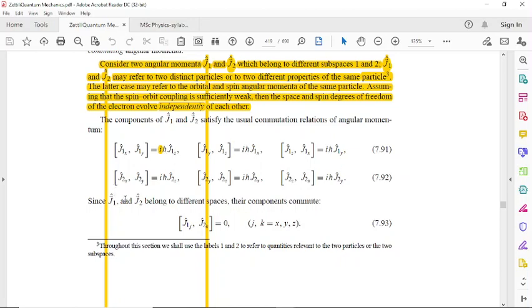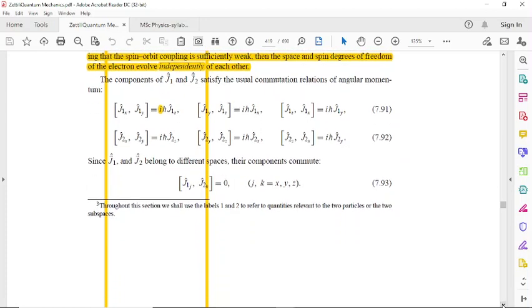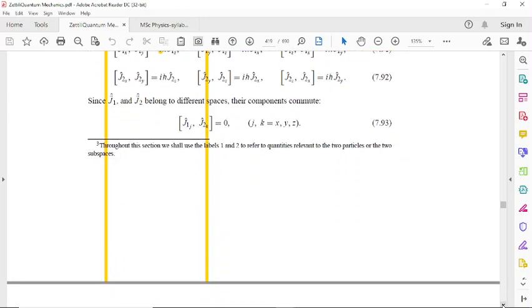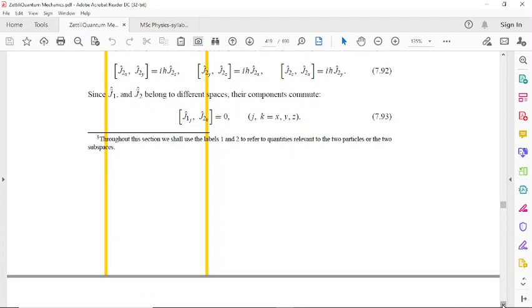Then if J1 and J2 belong to different spaces, their components commute. If they belong to different spaces, we can measure, that is commutator of J1j and J2k equal to 0. If they represent two different spaces, that means we can simultaneously measure the angular momentum of two different spaces.